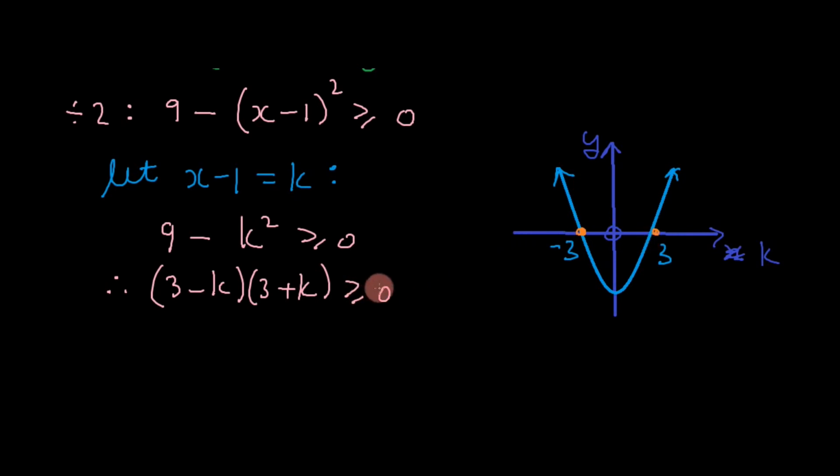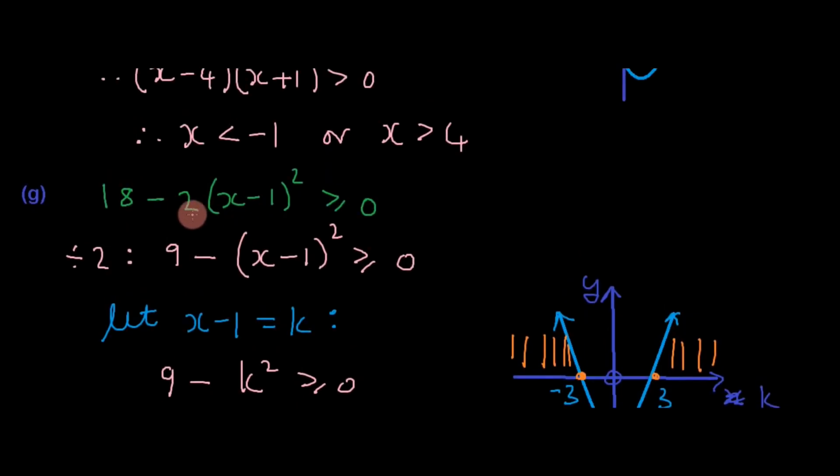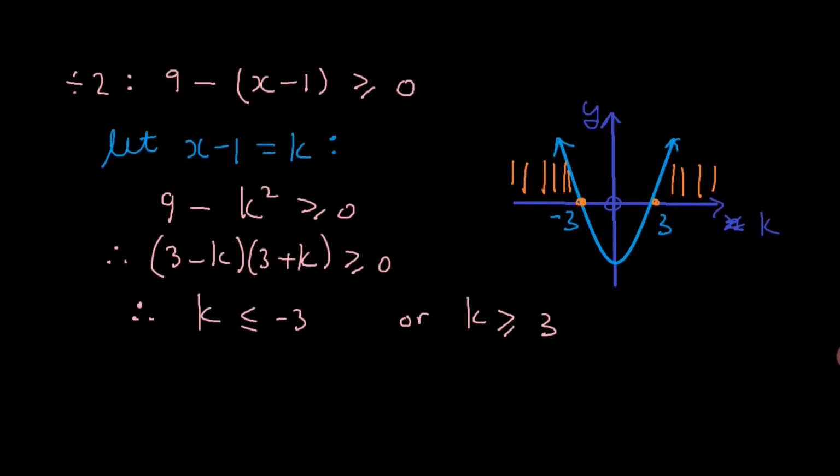And it rises above the x-axis to the left of -3 and to the right of +3. So we can solve then for k. k is going to be less than or equal to -3, or k is going to be greater than or equal to +3.